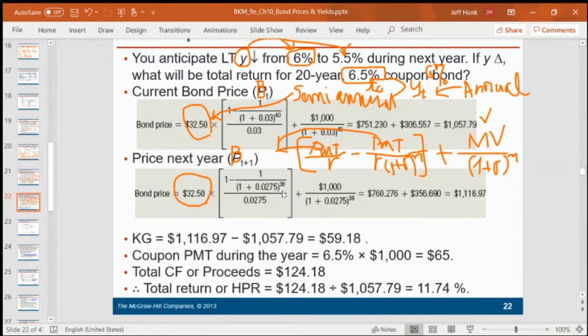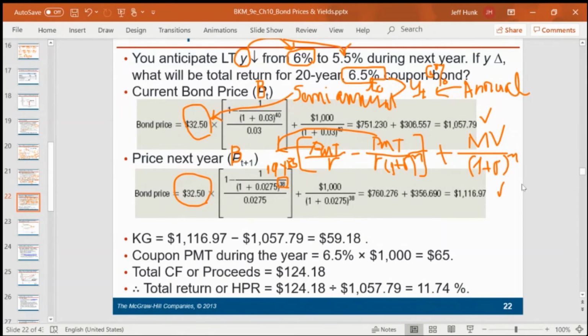Next year you have only 19 years left to maturity, so that will be 38 semesters. If you do that, it comes to 1,116.97.